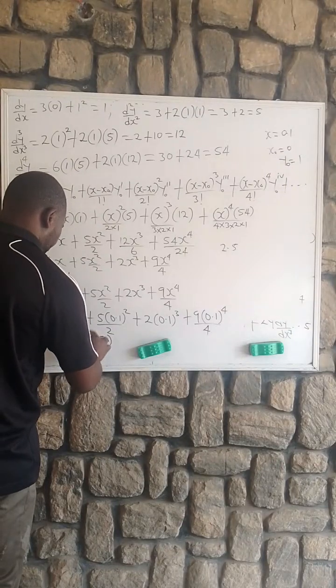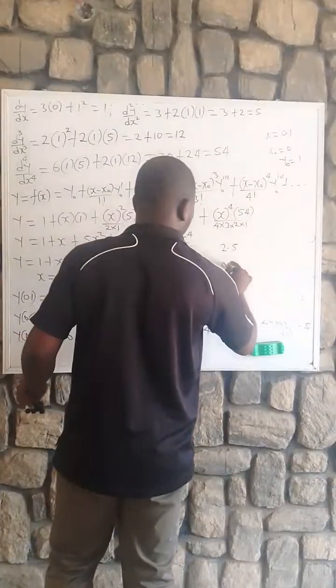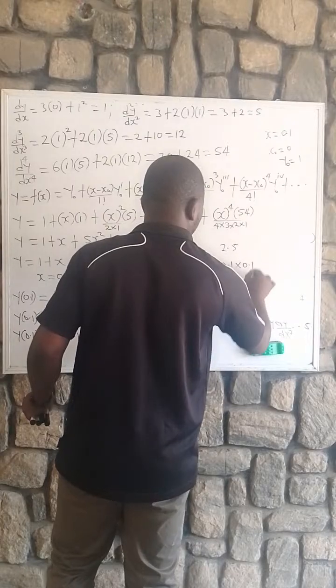2.50. Then what is 0.1 all in square, 0.1 times 0.1?